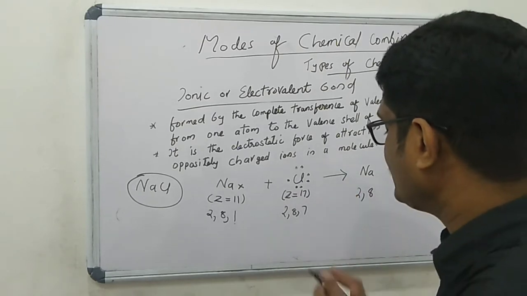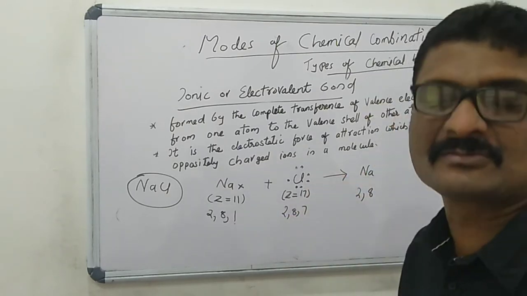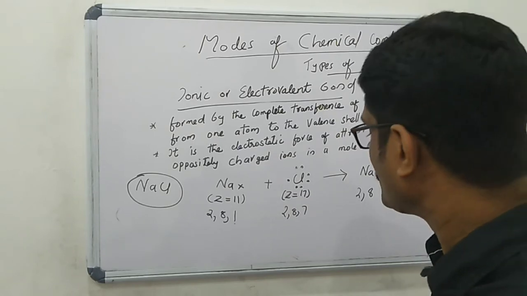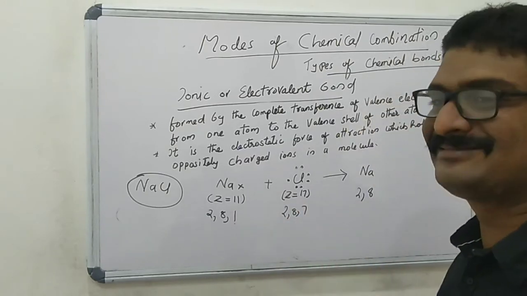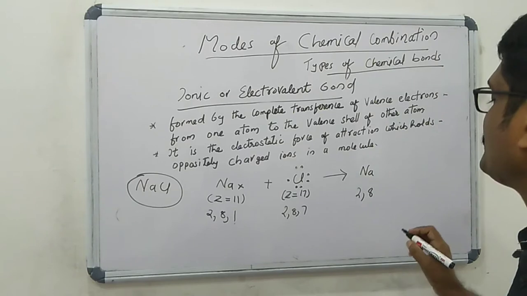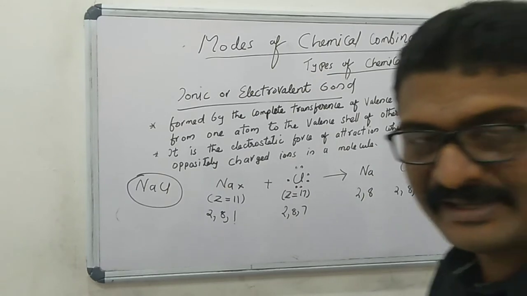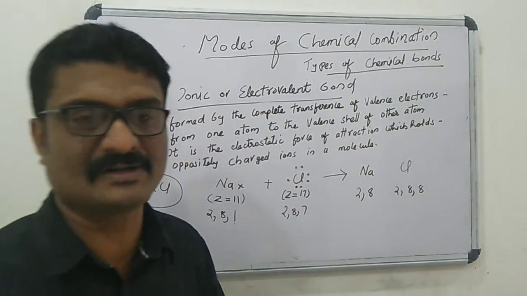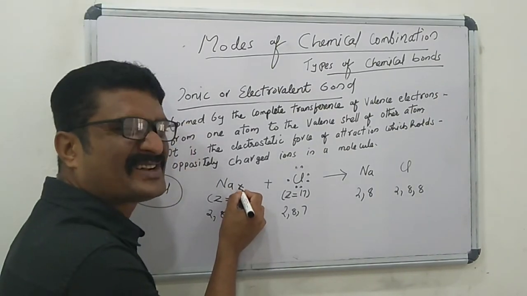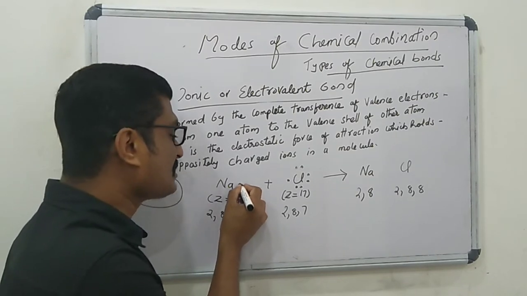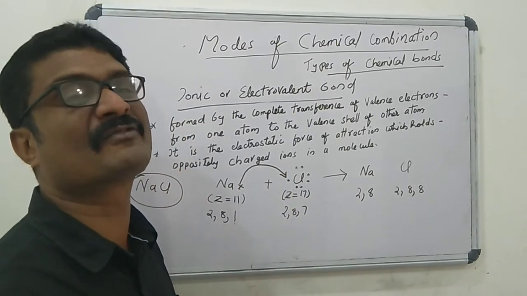The easy way for the chlorine atom to acquire the 8 electron configuration is to gain one electron; its configuration becomes 2, 8, 8. That means during the formation of sodium chloride, the 1 valence electron from sodium is completely transferred to the valence shell of chlorine.